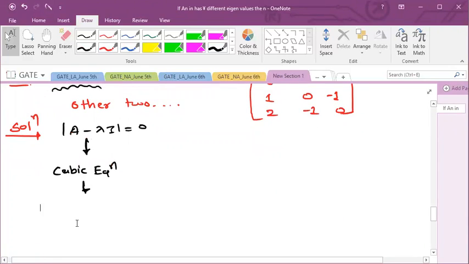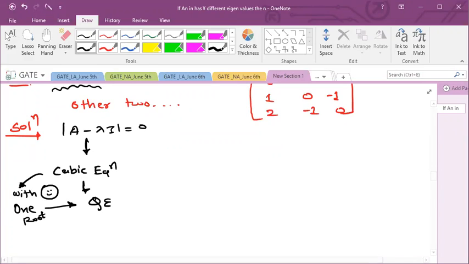There is one method to convert a cubic equation into a quadratic equation with one root, which I will show you in the next chapter, that is differential equations, in which we are going to see ordinary differential equations and higher order differential equations.